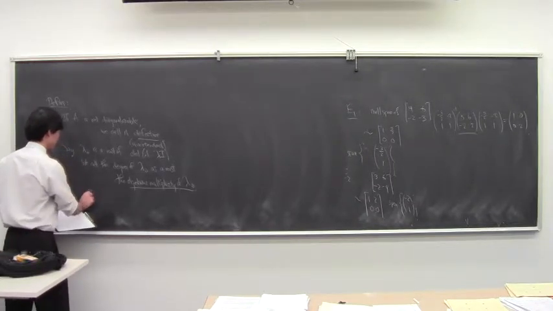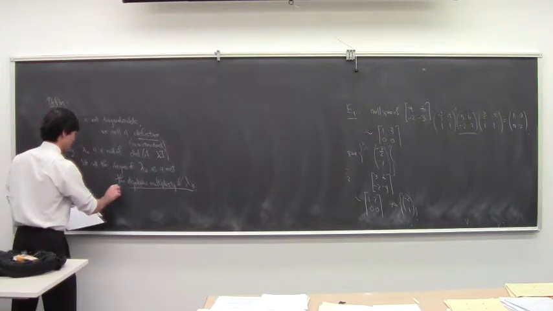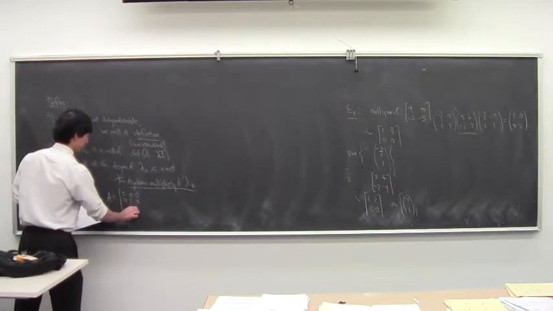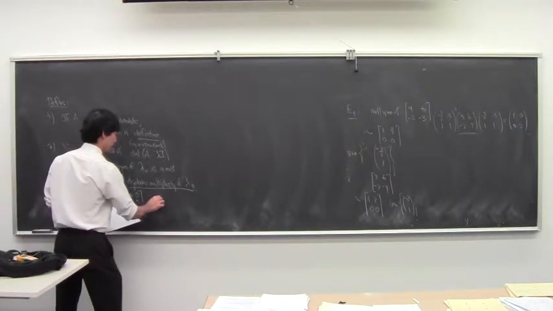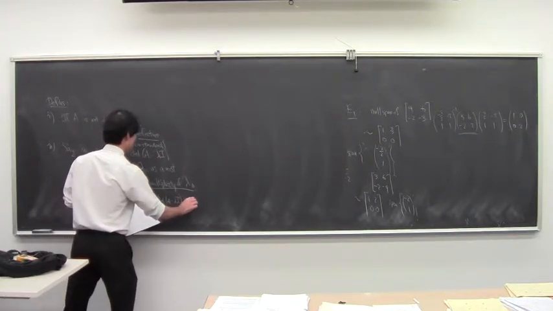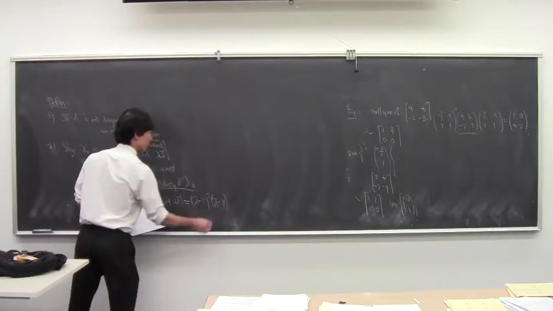So for example, if I have a matrix A which is 2, 0, 0, 0, 4, 0, 1, 0, 2, then the characteristic polynomial looks like (lambda minus 2) squared times (lambda minus 4).